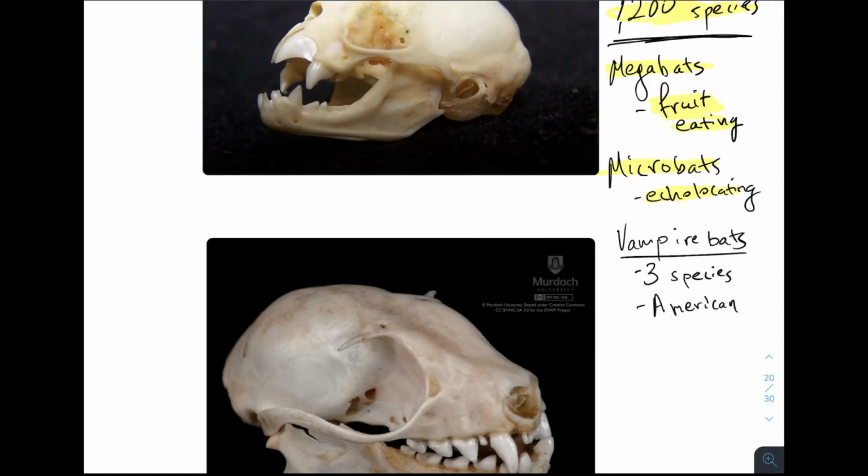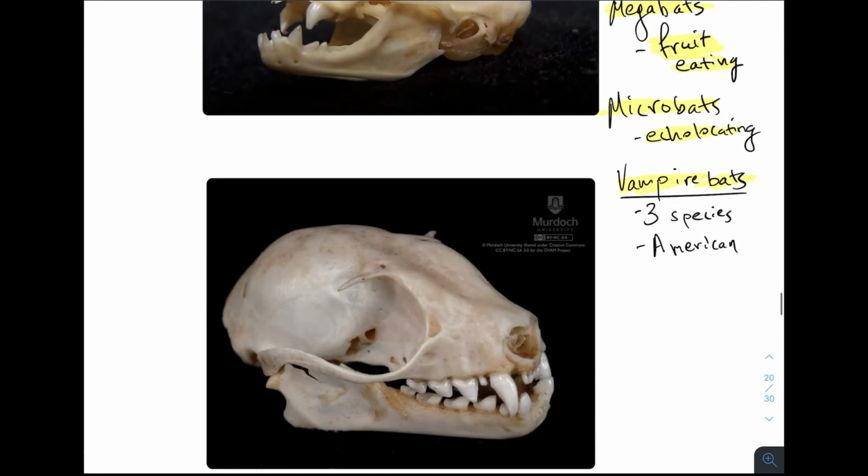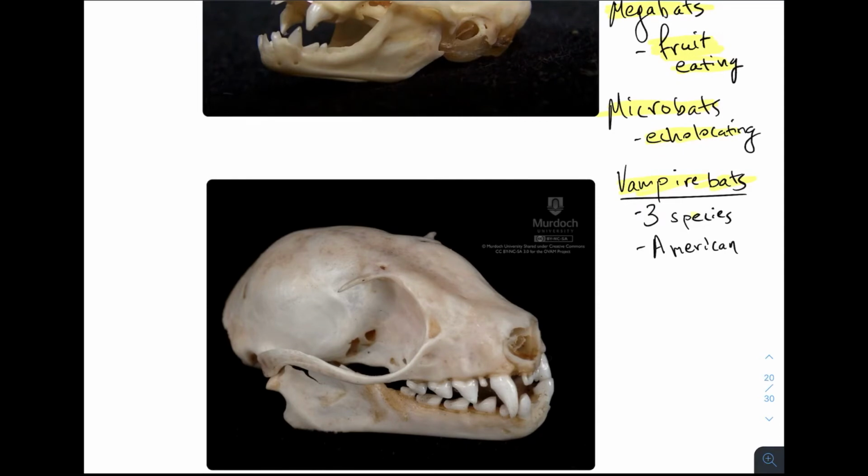Now, within these microbats, and again, most of them are going to be insectivores or maybe carnivores eating smaller organisms, but there are three species of bats called vampire bats. And these vampire bats are native to the Americas.